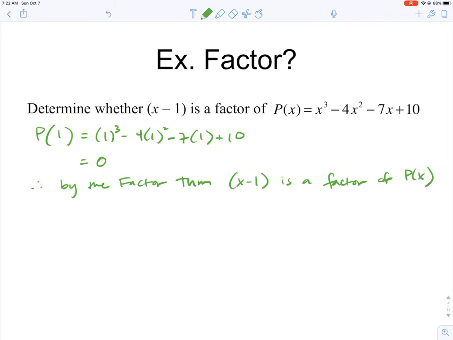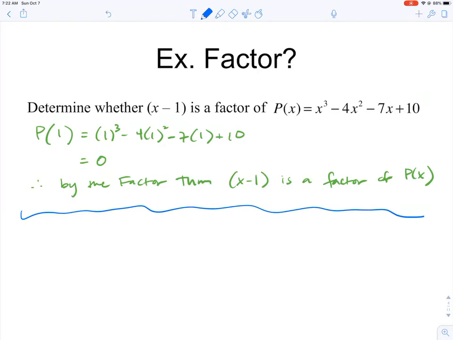You could also divide x minus 1 into the polynomial p of x to see whether or not the remainder that you get is 0, which we would expect it to be, right? And so since we have x minus a as the divisor, we can use synthetic.